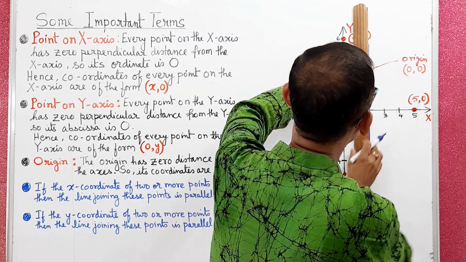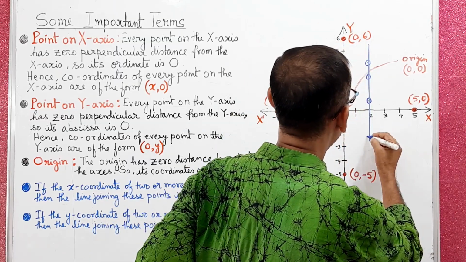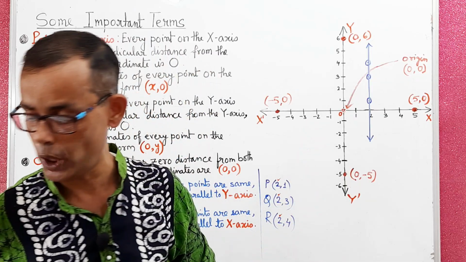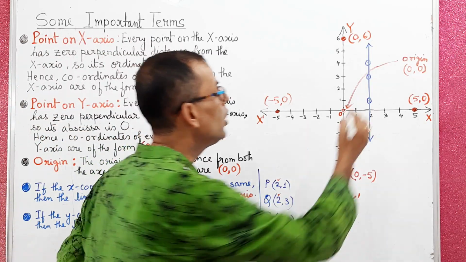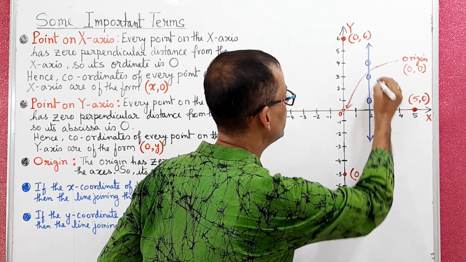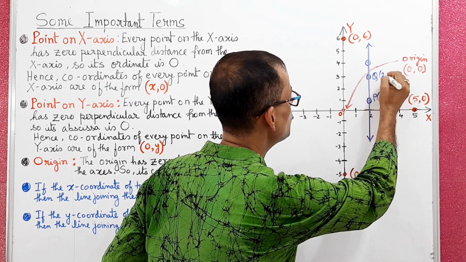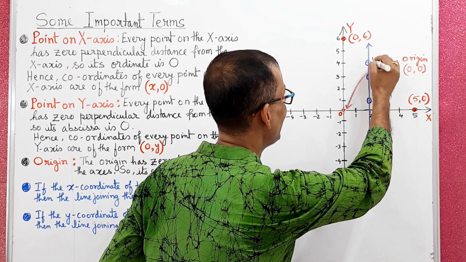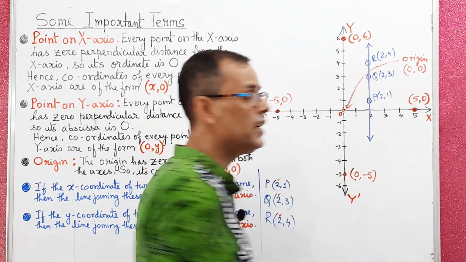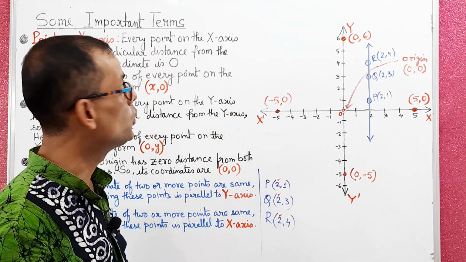If you can see nicely, these 3 points are joined together. Now if I give the names, this is P, 2, 1. This is Q, 2, 3. And this is R point, and this is 2, 4. So these 3 points are joined together.